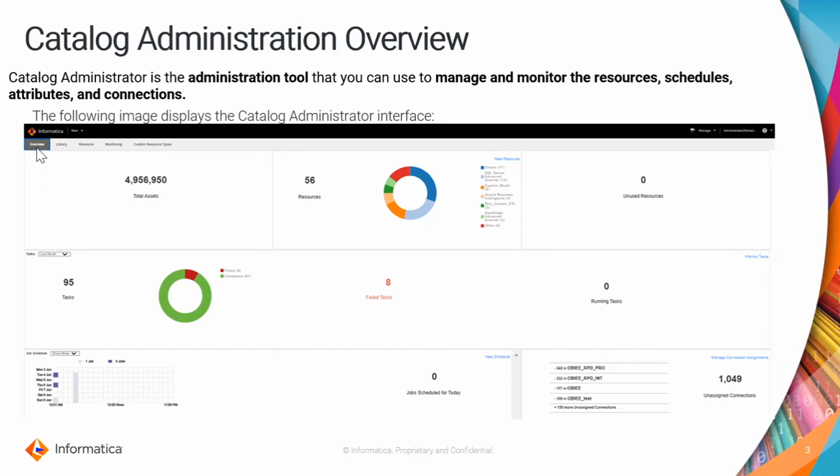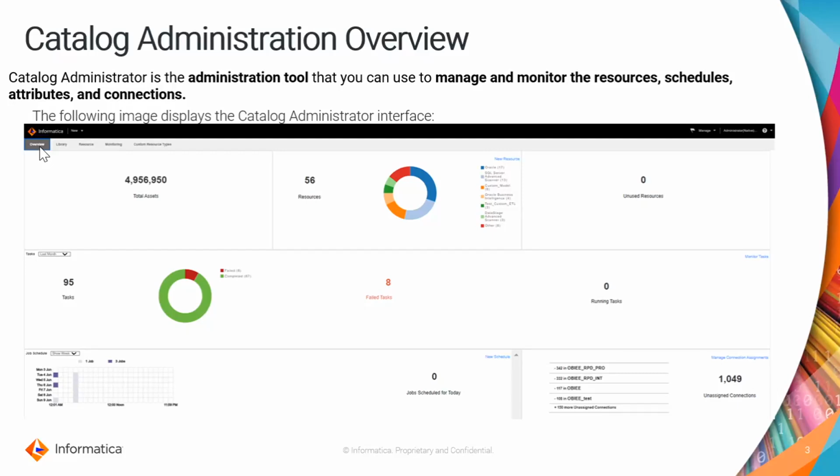We have the Overview tab, wherein we can see the total number of assets in the catalog, the number of resources that we've created, and then we have this pane which shows us the number of complete tasks and the failed tasks, and this section over here shows us the scheduled jobs, and then the section here shows us the number of unassigned connections.